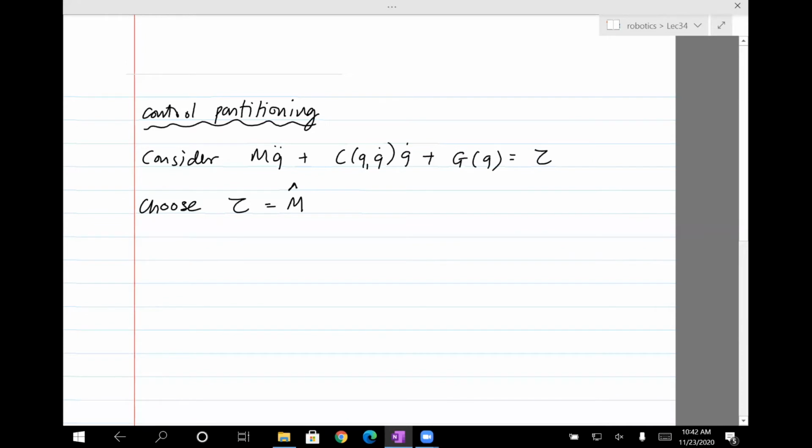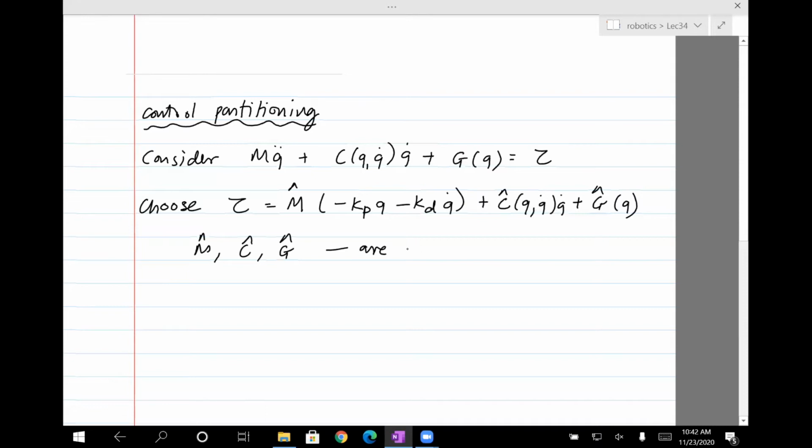It's inertia and masses, but let's say that our CAD files are wrong, and so we have some approximation of the mass matrix. So I'm just going to put M hat for the approximation. Then I'll put KP times q minus KD times q dot, plus C hat, which is again the estimate for the C term, plus G hat(q), where M hat, C hat, G hat are estimates of M, C, and G.